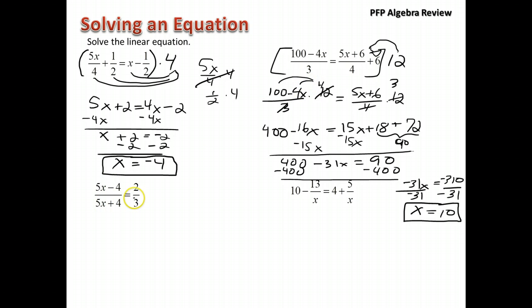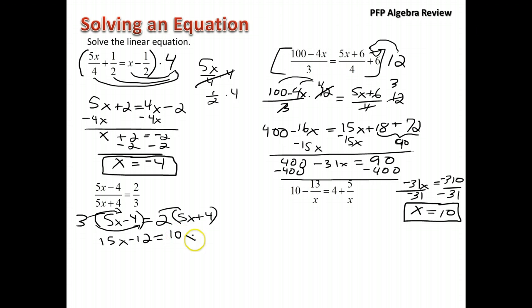Now, if you have a fraction equal to a fraction, you should handle it differently. Fraction equal to a fraction, you should cross multiply, not cross cancel, cross multiply. So we take 3 times 5x minus 4. That's equal to 2 times 5x plus 4. Distribute to get 15x minus 12 equal to 10x plus 8.